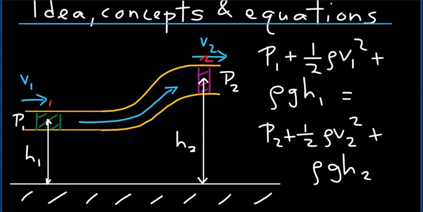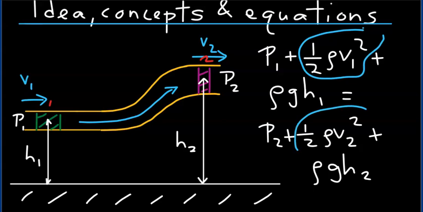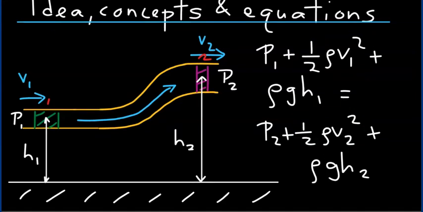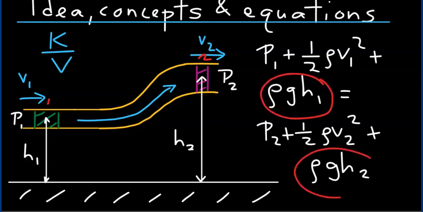Now, as you can see, the terms half rho v1 squared and half rho v2 squared, with rho being the density of that fluid, are kinetic energies per unit volume of fluid. Likewise, the terms rho g h1 and rho g h2 correspond to gravitational potential energy per unit volume of fluid.